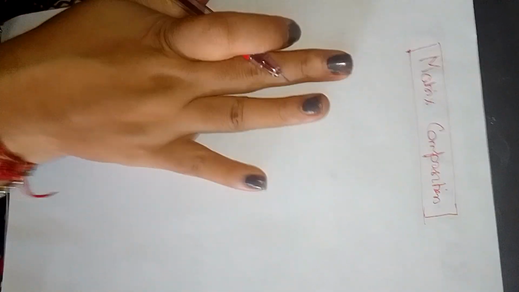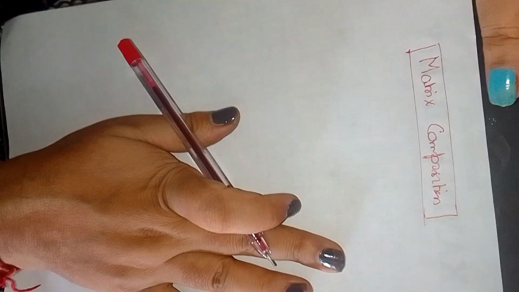So what is matrix composition? I taught you in my previous videos that this is the x plane and this is the y plane. The i scalar jumps in the x direction and the j scalar jumps in the y direction. Scalar means having magnitude but no direction.